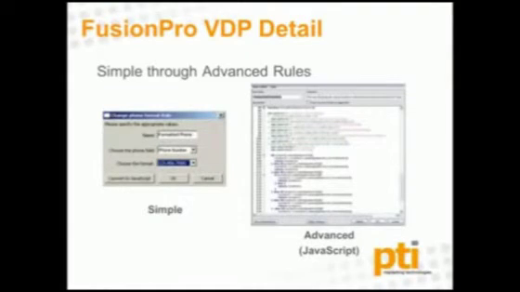We have 2 different types of rules in our software, simple through advanced. Simple is rules that we have built out with complete construction, so you just have to interact with the data file of what you want it to be. And then we have advanced. These are more out-of-the-box, more detail-oriented, where you can use us or go through the user guide and build things that are more complex.